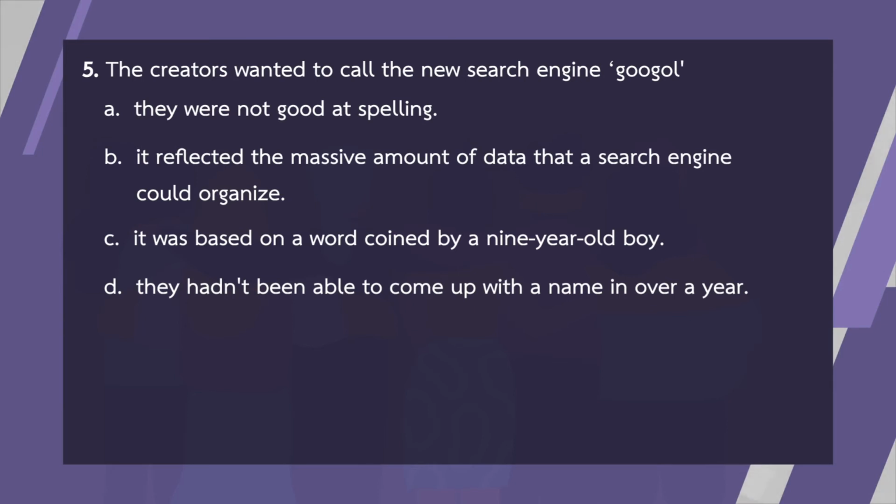In 1996, 2 computer science graduate students at a California university created a new search engine. After working for more than a year to perfect it, the students and several of their fellow office workers had a number of brainstorming sessions to find the right name for this innovative tool.